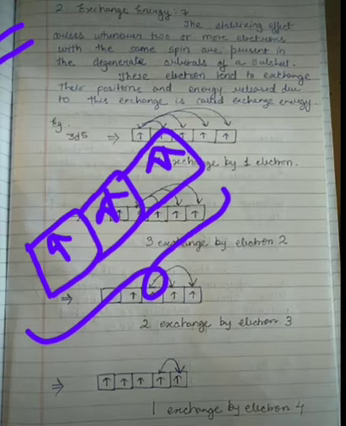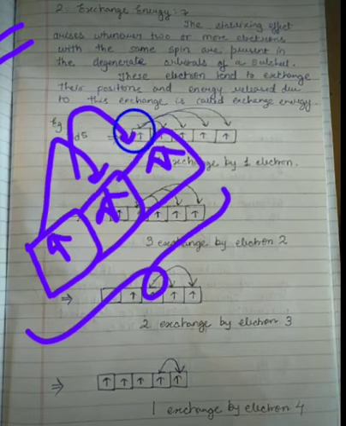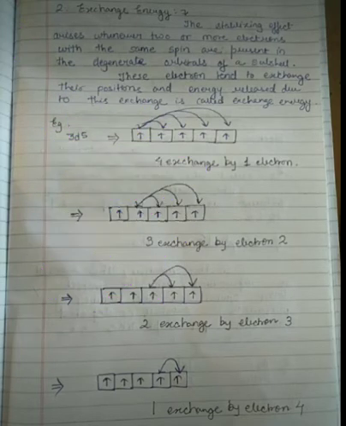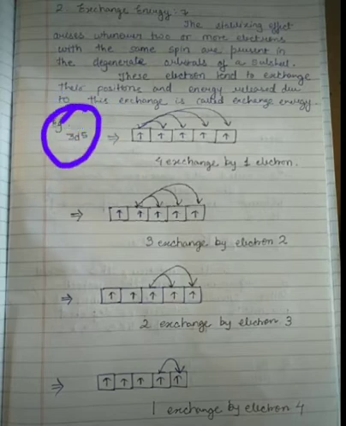So students, we are considering the condition where these electrons can exchange. This is basically called the exchange energy. इस energy को ही हम exchange energy कहते हैं. Now students, these electrons tend to exchange their position and the energy released due to this exchange is called exchange energy. You can see here we are taking an example of 3d5, a d subshell having 5 electrons.